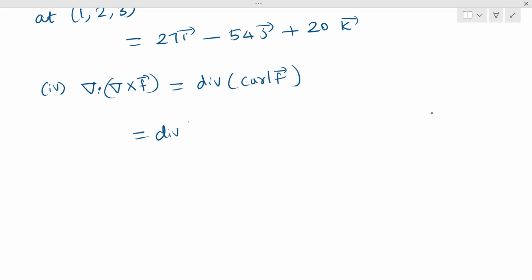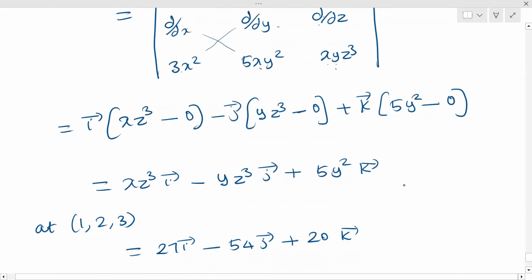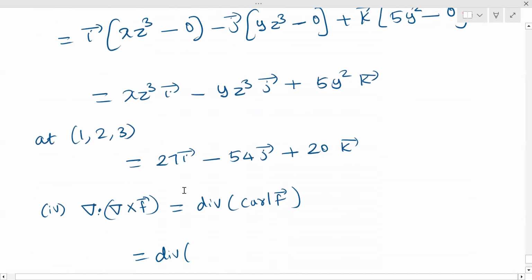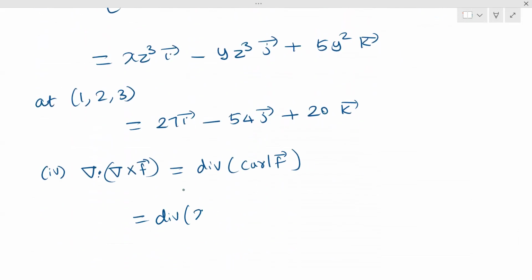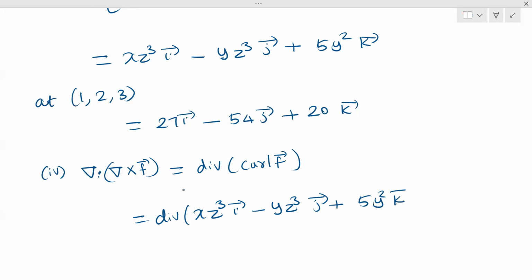Already we got curl F, which is xz cube i vector minus yz cube j vector plus 5y square k vector.